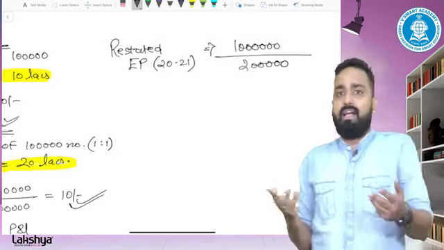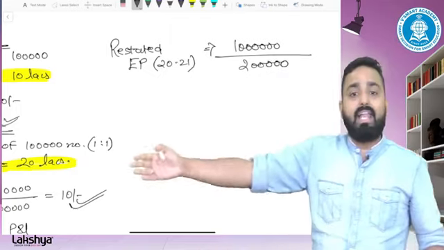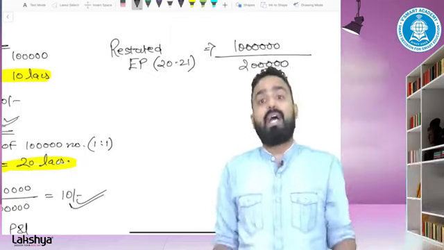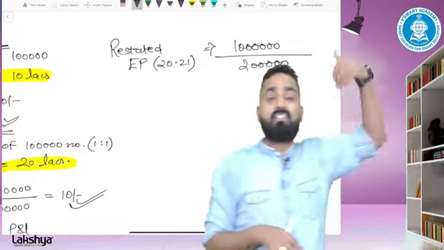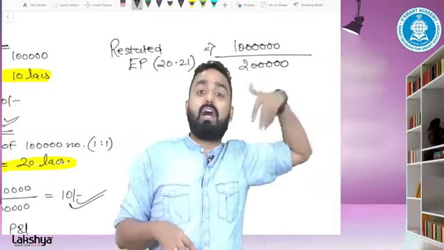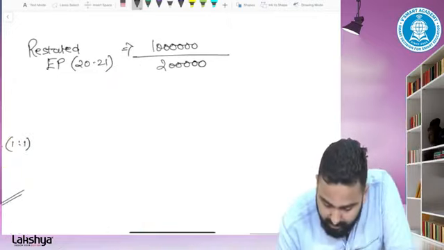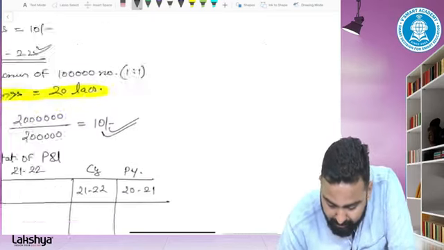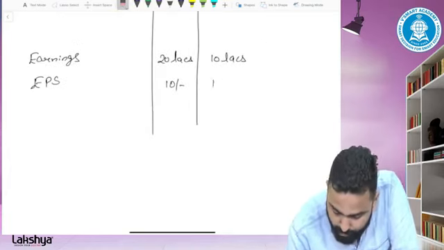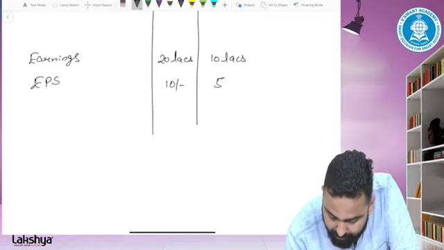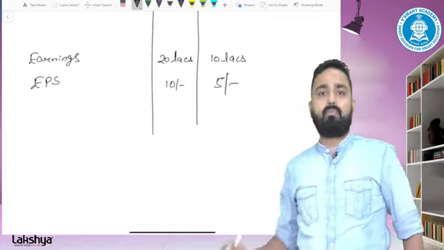How come 2 lakh? 1 lakh was the original number and 1 lakh is the bonus. We assume that the bonus was outstanding since the beginning of the previous year. So now our restated EPS is rupees 5. So here we will disclose not 10, we will disclose 5. Now it is definitely comparable.